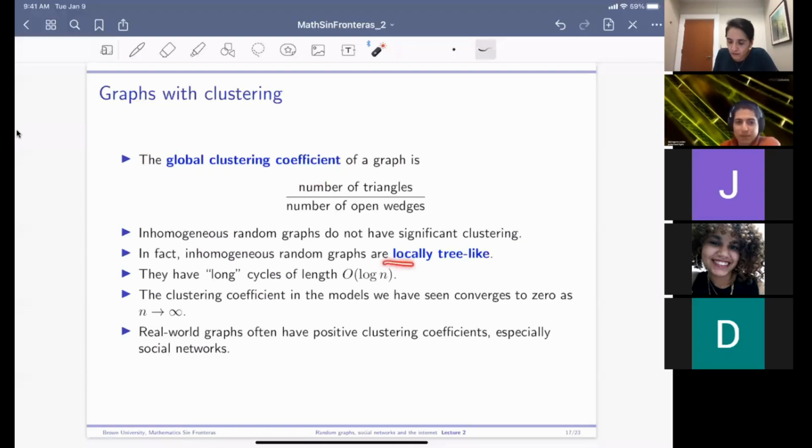Before I show you the model, let me be even more specific about what it means that all those other models have asymptotically negligible clustering. Those models are something we call locally tree-like, which means if I pick a vertex and look at its neighbors at distance 1, then the friends of those at distance 2, and so on, let's say take a look at the 10th level neighbors of a vertex, what I'm going to see is that it looks like a tree.